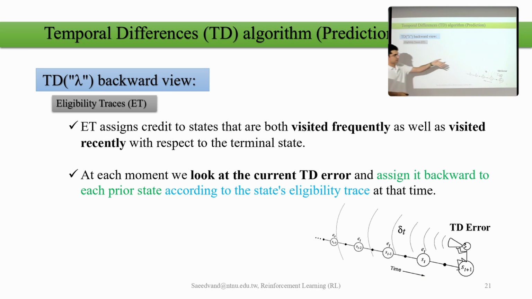So if you have a look at the figure, the TD error at S_{t+1} is going to be distributed on the previous ones, S_t, S_{t-1}, S_{t-2}, S_{t-3}. Of course, it is going to decay, but also based on the eligibility trace. We've seen how to get the eligibility trace, but we will see how to update each one of those.